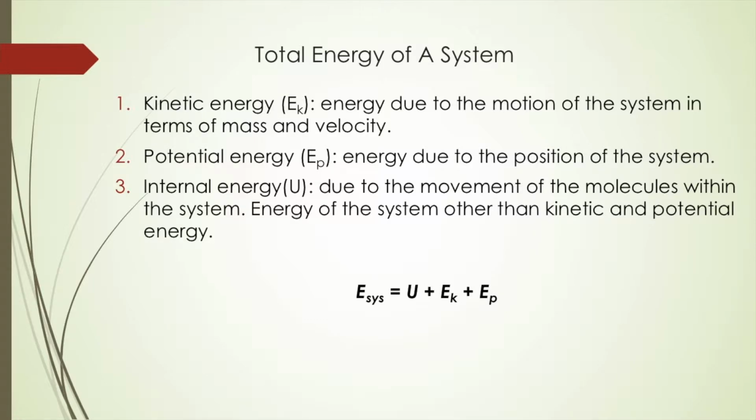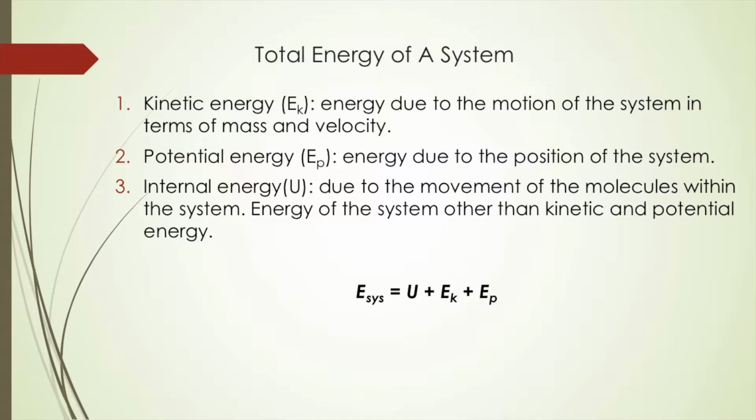There are three elements in the system energy: kinetic energy, potential energy, and internal energy. Kinetic energy is the energy due to the motion of the system in terms of mass and velocity. Potential energy is the energy of the system due to the position, or we can say elevation, of the system.